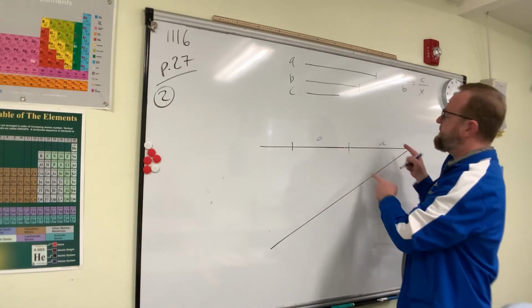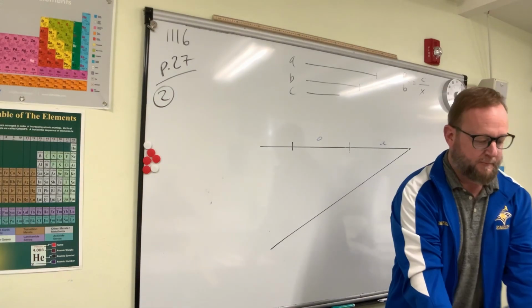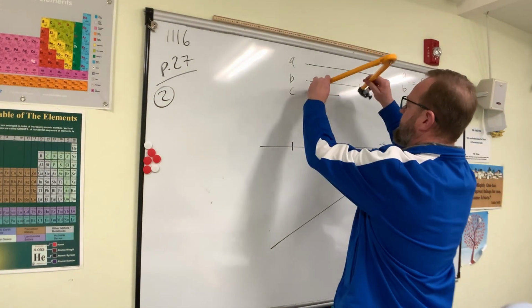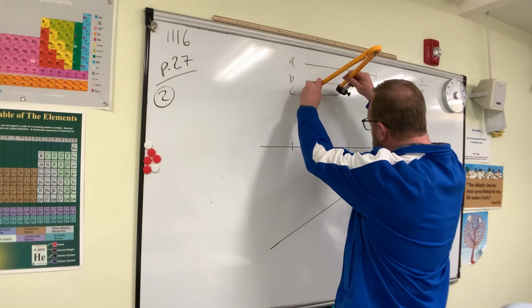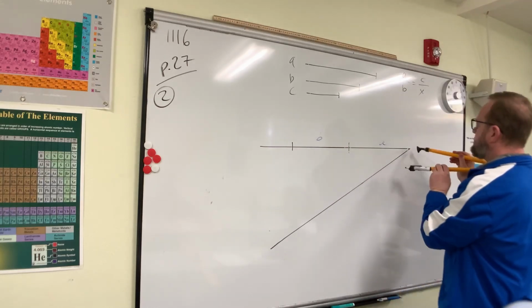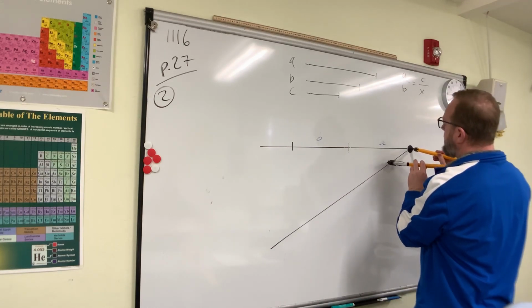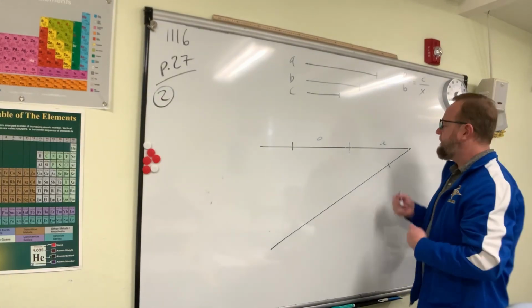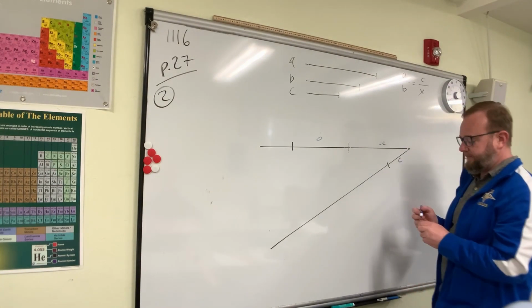So I need to create C down here. Using your compass, put it here on one end. Make it that length. There we go. This length here is C.